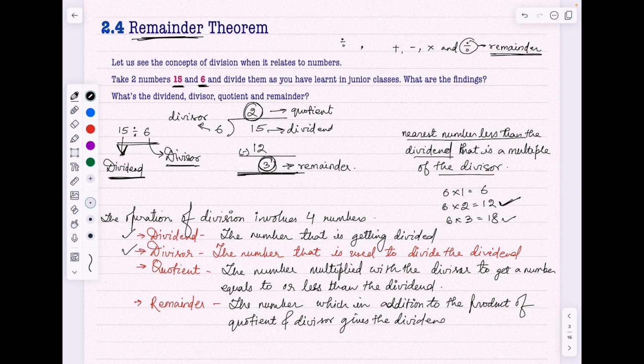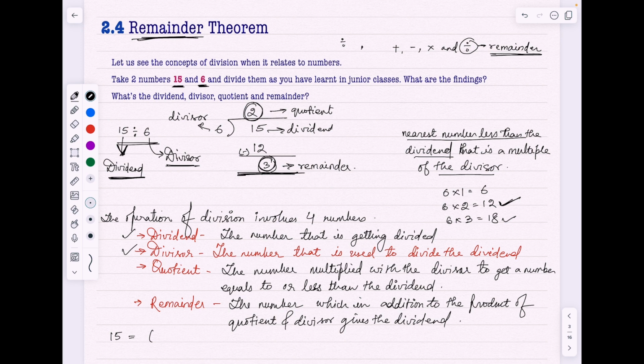Dividend. See how you are going to write this. The number multiplied with the divisor gives a number equal to or less than the dividend, so you multiply quotient and divisor.